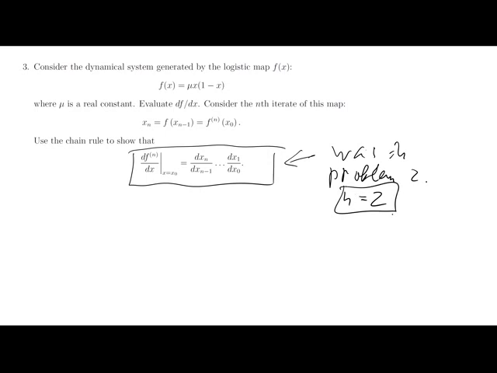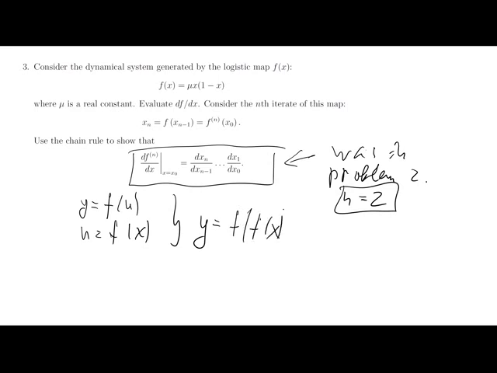Generally, I think I gave an explanation for this in one of my lectures. I can try to do it once again. So what we have here, assume we have y as a function of u, and u as a function of x. So from here we can say y is a function of x, so f of f of x, a composite.